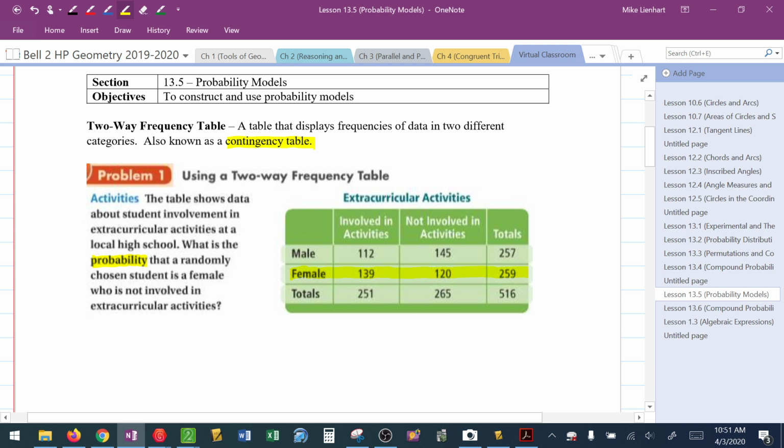I've got someone who is not involved in extracurricular activities, so that would be this column right here. Because I'm dealing with probability, what I'm specifically looking for is where is success? Success is going to be right there where the two overlap, where female and not involved in activities overlap.